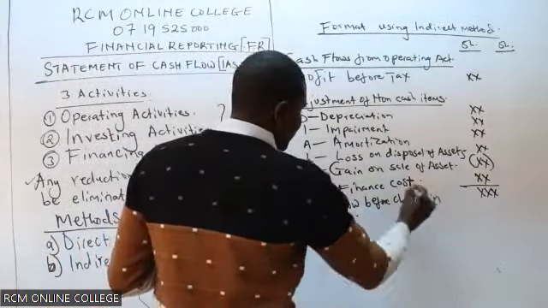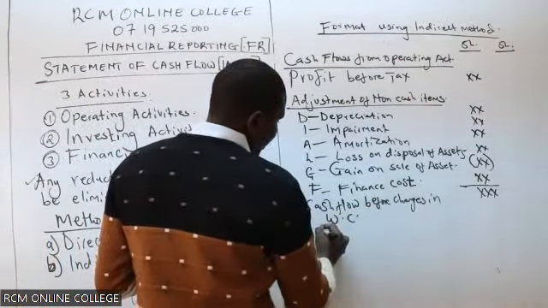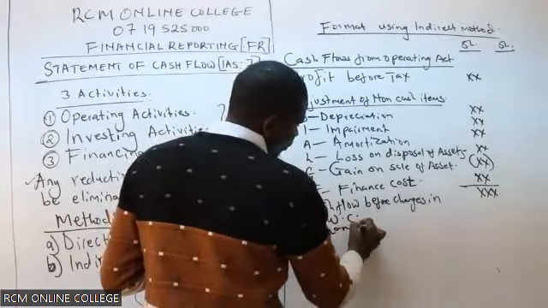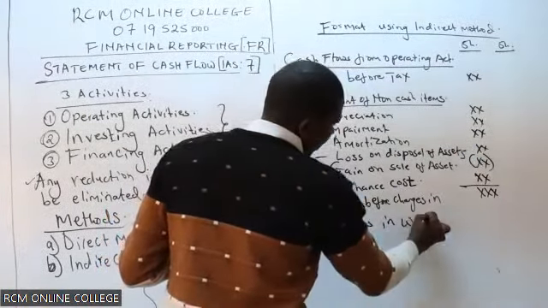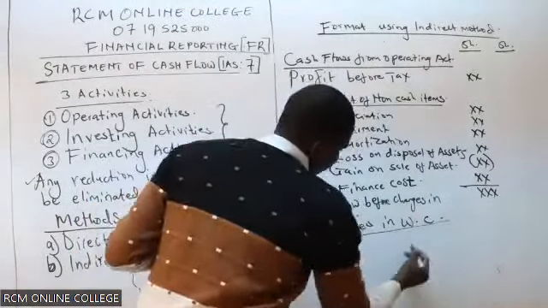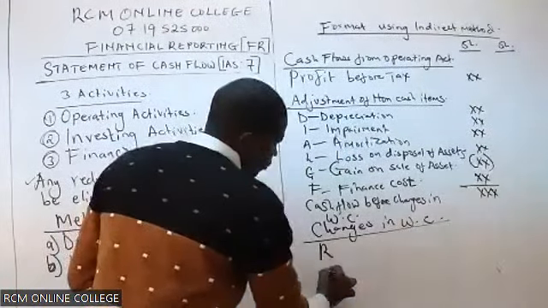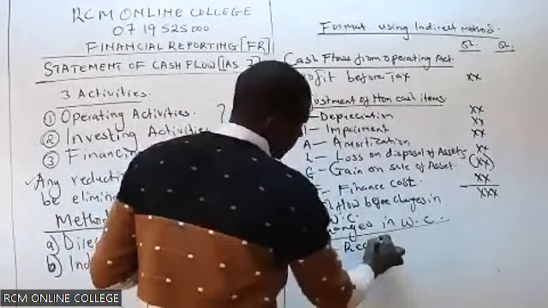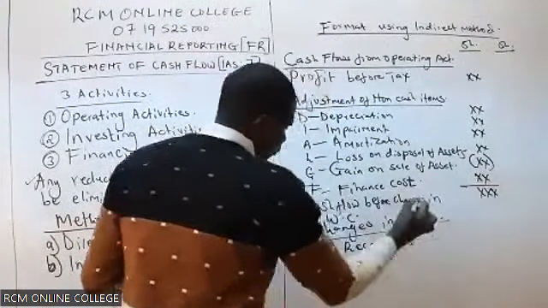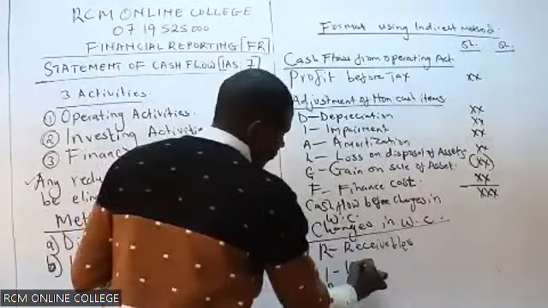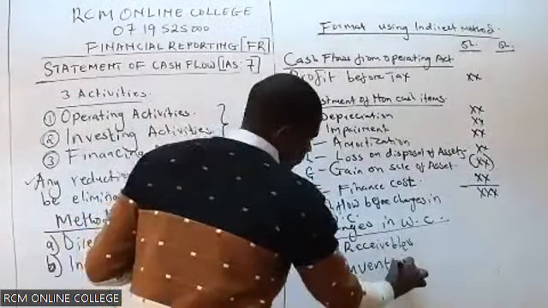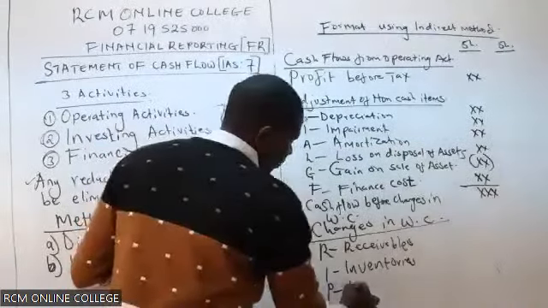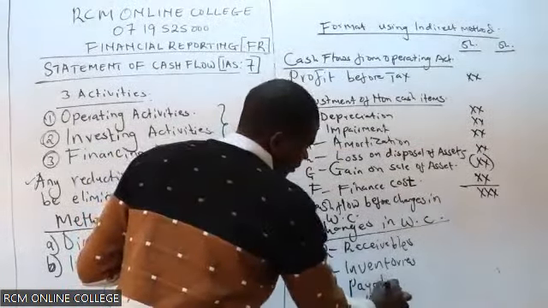So in this case, we're going to look at changes in working capital. For you to identify the changes, we can use the acronym LEAP: receivables, we have inventory, and we have payables, as you have given me, payables.